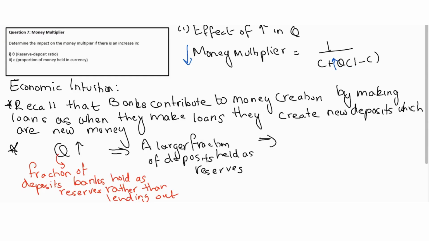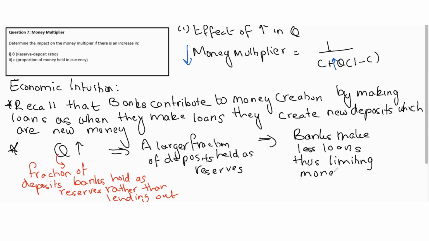So banks make fewer loans, thus limiting the money creation process, reflected through a smaller multiplier. This is the economic intuition behind it.